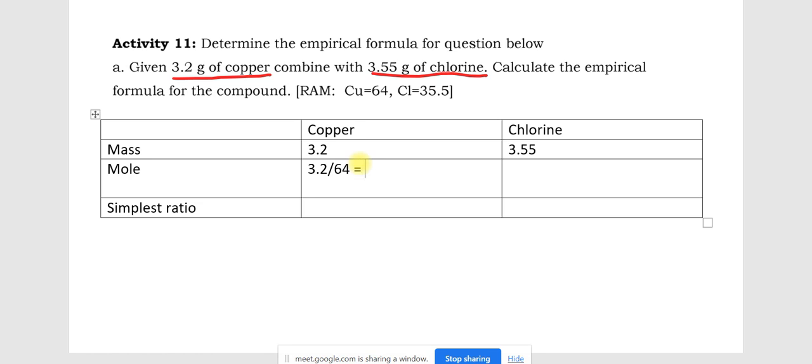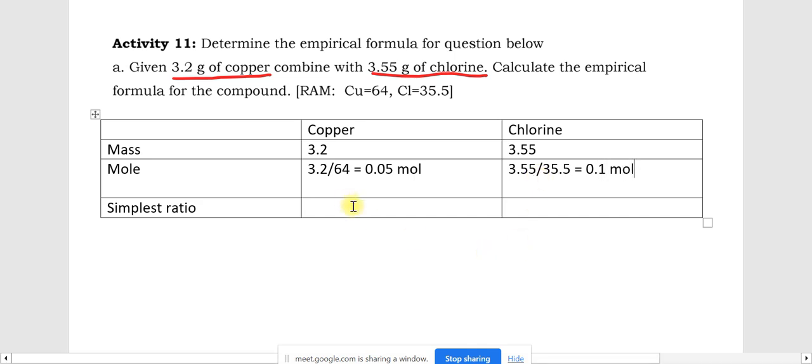So you get 0.05 mole, and this one 3.55 you divide by 35.5, 0.1 mole.